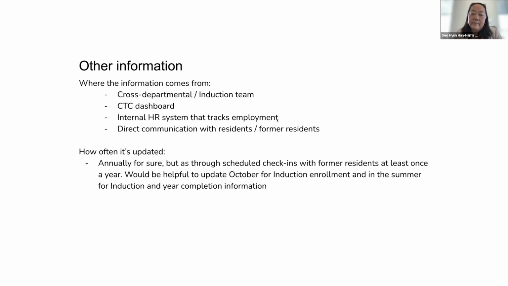So that's happening. If I should ever set up a schedule, I would say maybe October, because that's a good time to know who's enrolled for this year, and also who's enrolled for induction from the previous year, who's completed, who's enrolled for their second year of induction. It gives enough time for some of that data to be set, and then in the summer to get completion information for both, I would say.